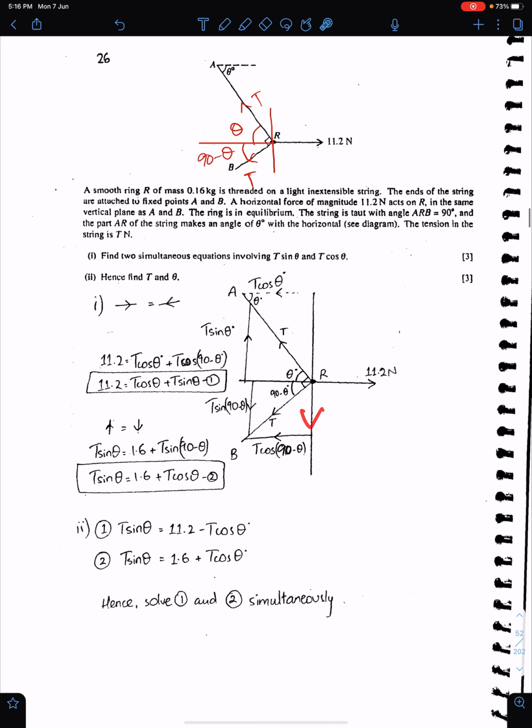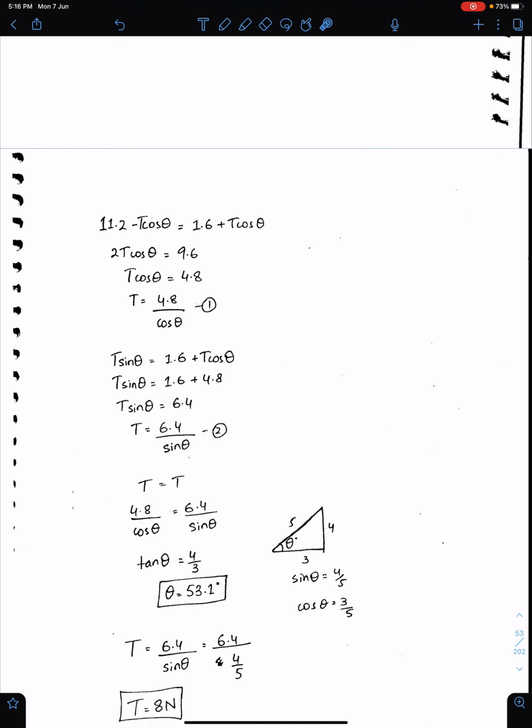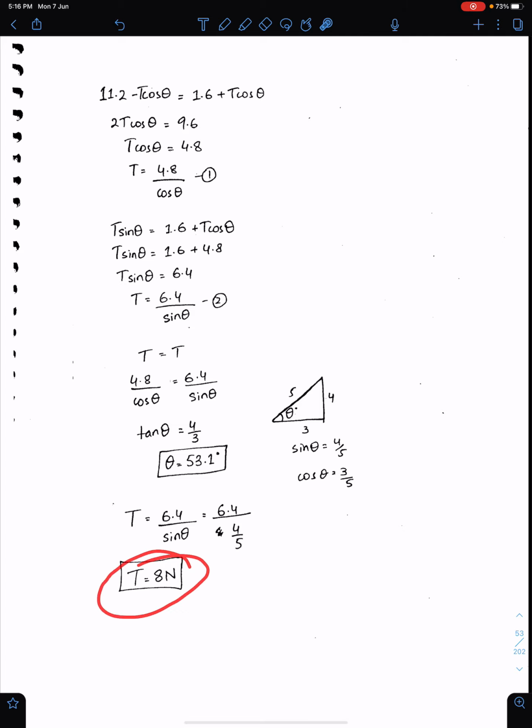And this is the weight of the ring, which is I think 1.6 newtons. Now you just need to equate horizontal and vertical components. So this plus this is equal to 11.2, and T sine theta is equal to this plus this. With the help of these two equations, you can get the values of T and theta. T is 8 and theta is 53.1.